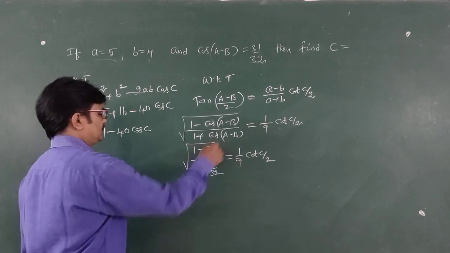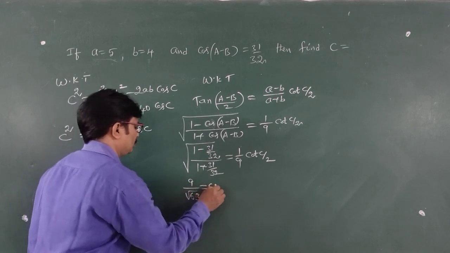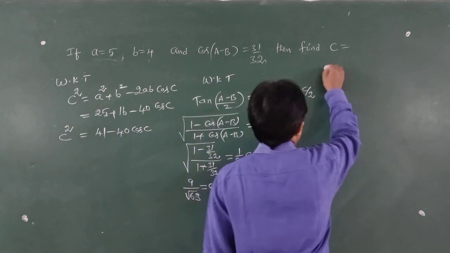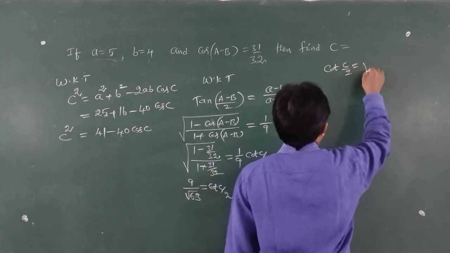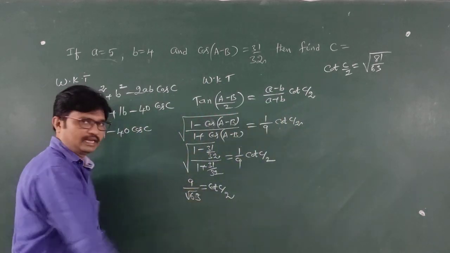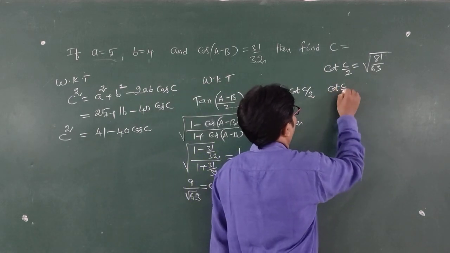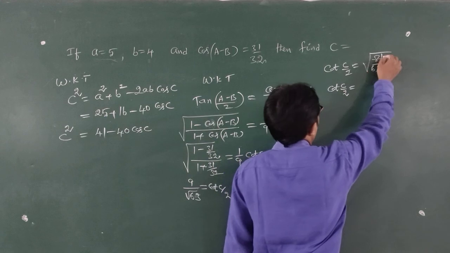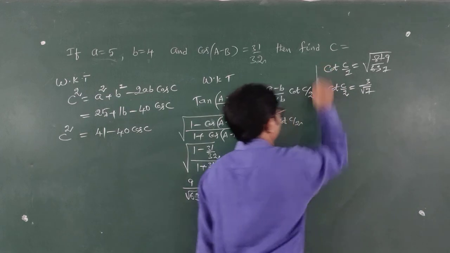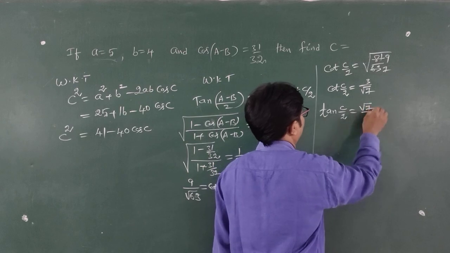So dear students, this is 9 by under root of 63 equals cot of C/2. So we can write cot of C/2 as under root of 81 by 63. Root of 81 is 9. So cot C/2 equals, we can write, 9 nines are 9 sevens, this is 3 by root of 7. So students, tan of C/2 equals root 7 by 3.